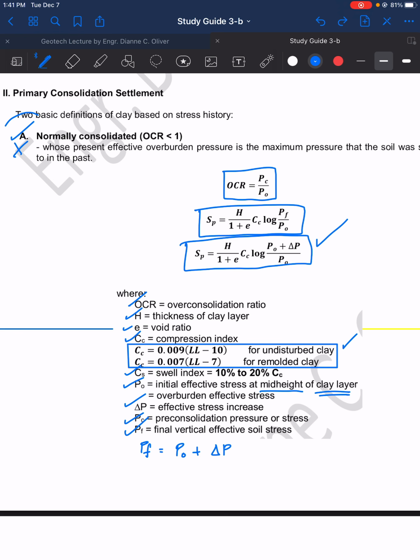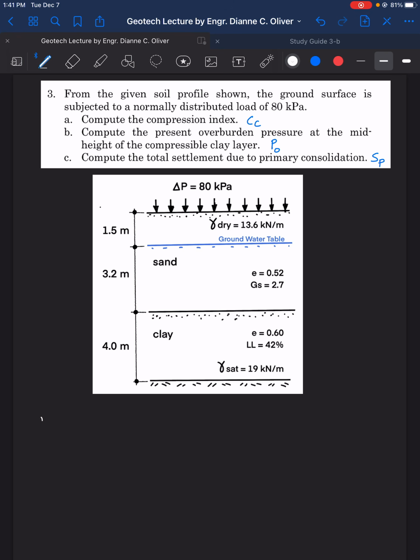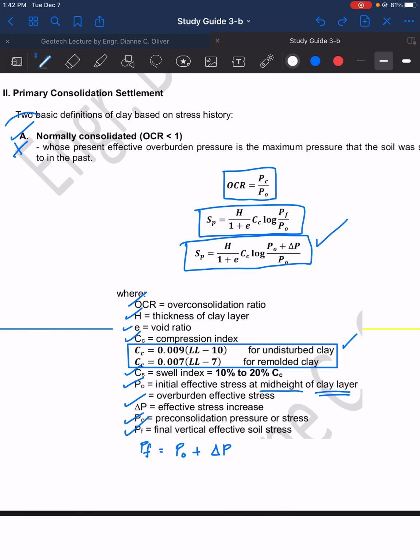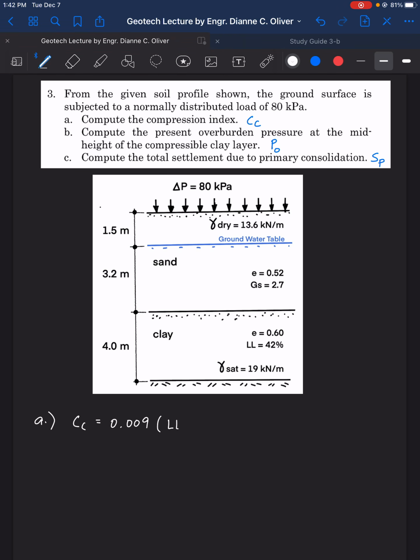So C sub C for letter A, using undisturbed clay, is 0.009 times the liquid limit minus 10. Now, where do we get the liquid limit?